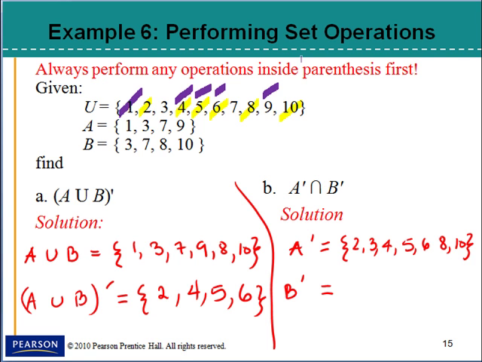Do I miss anything? I missed 2. So that would be 1, 2, 4, 5, 6, and 9.